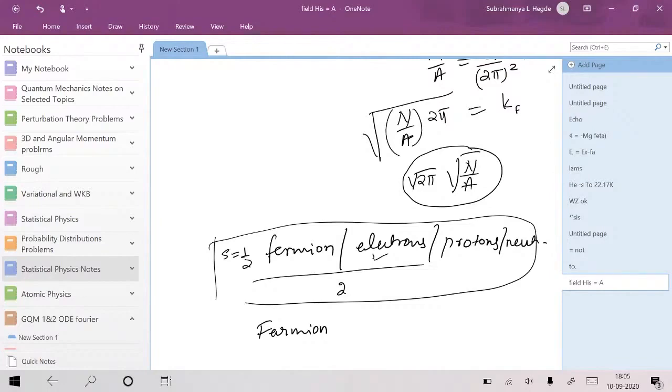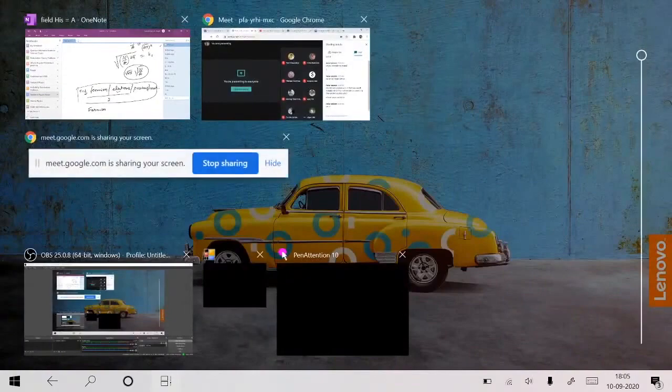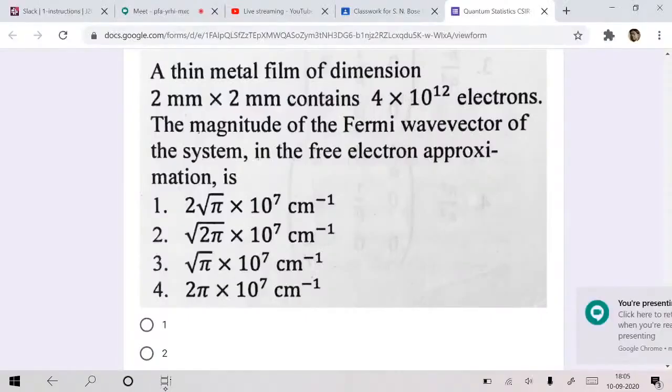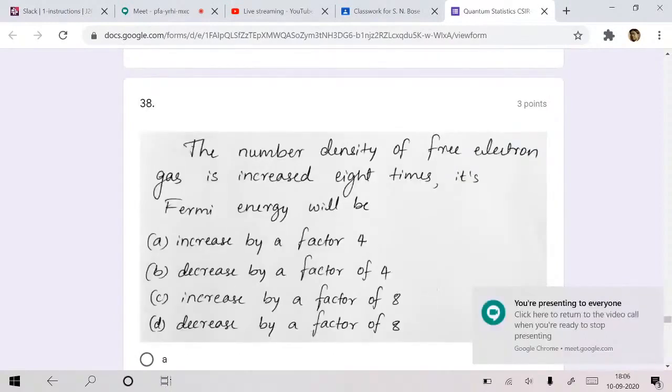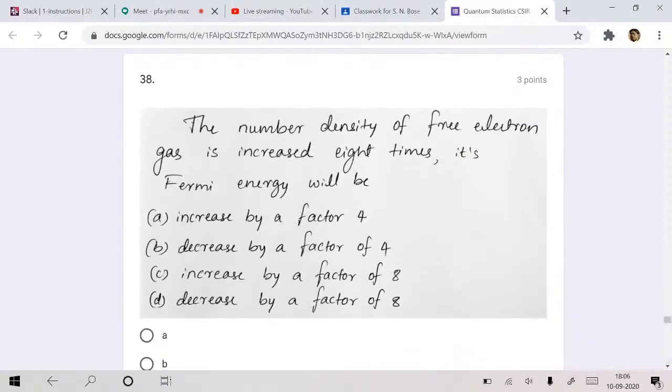Yes, the 38th number. In that question, they have asked that the number density of free electron is increased by 8 times, then what will be the Fermi energy? Free electron gas.